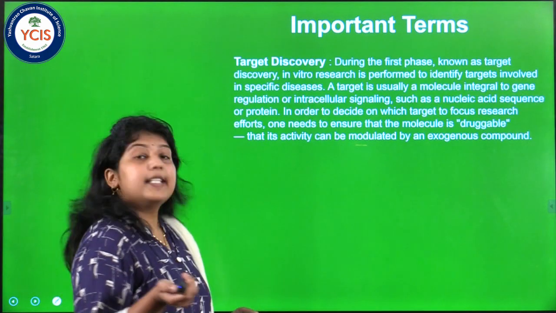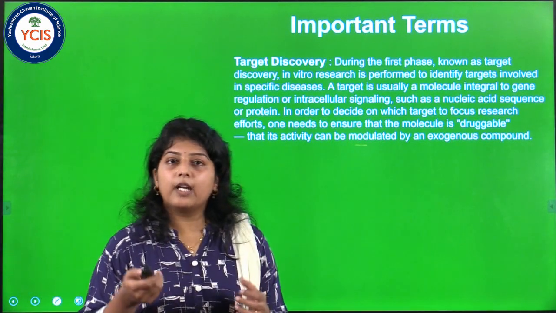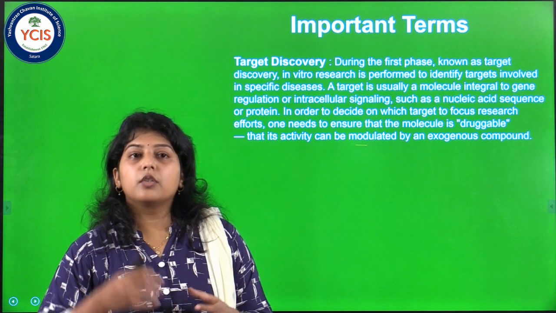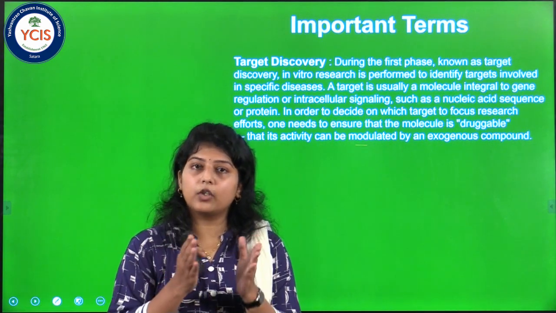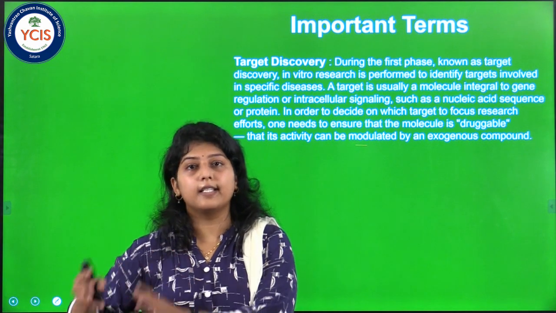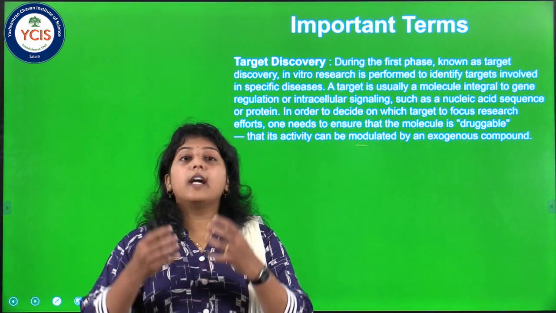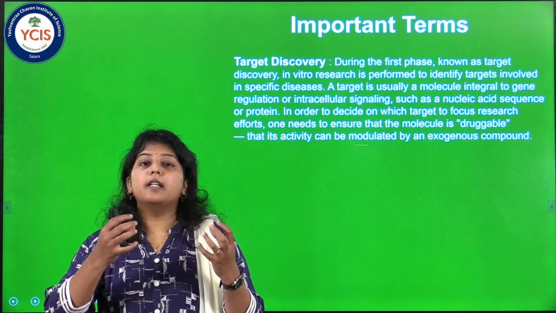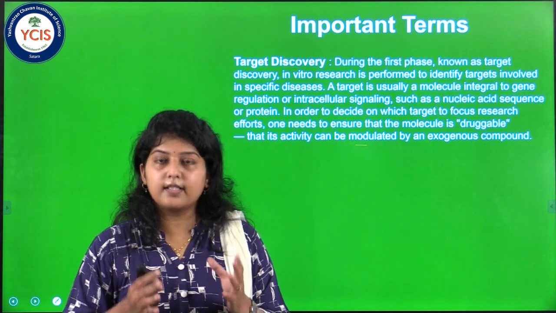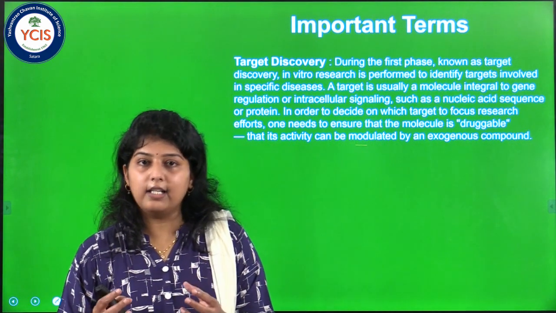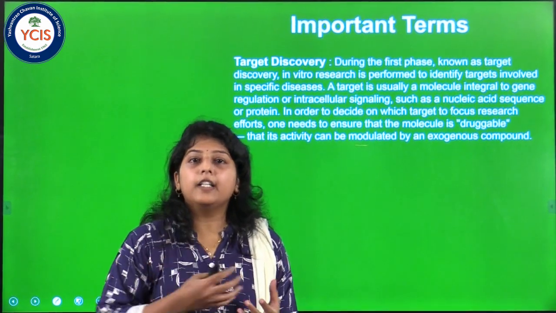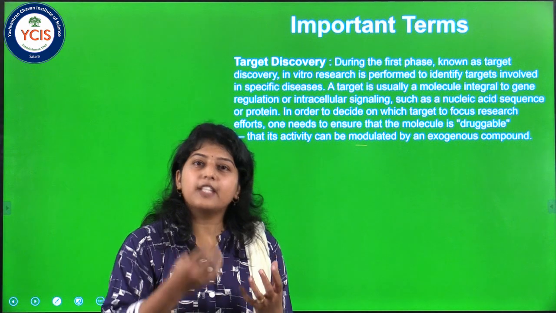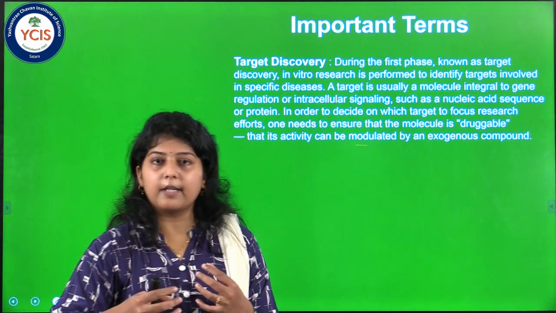Second is target discovery. Again, we have learned what a receptor is. So target discovery is nothing but finding a receptor. We have to discover a particular receptor necessary for that disease to be caused. Here we are emphasizing the discovery of a receptor. Suppose there is a cancer-causing cell. Now I have to discover a drug, and I need to attach my drug to a certain receptor.